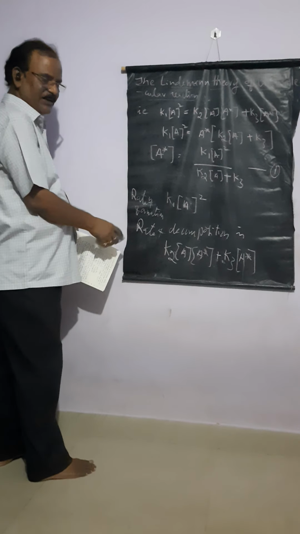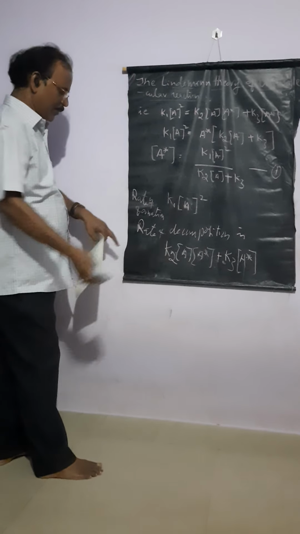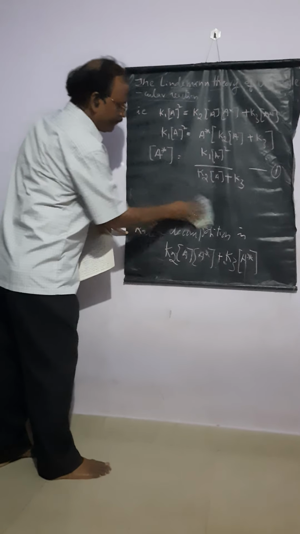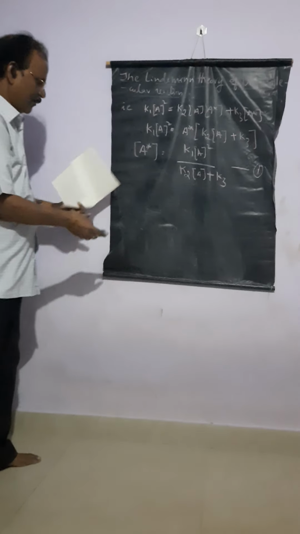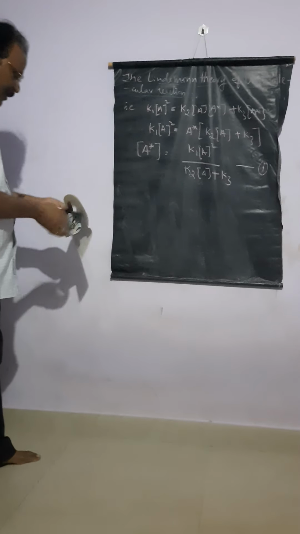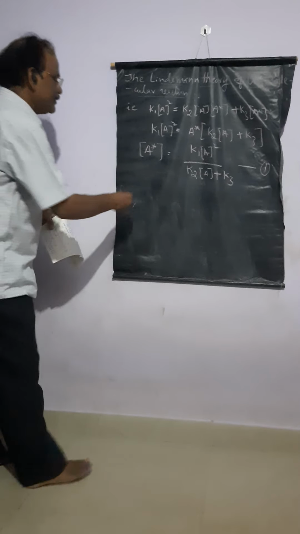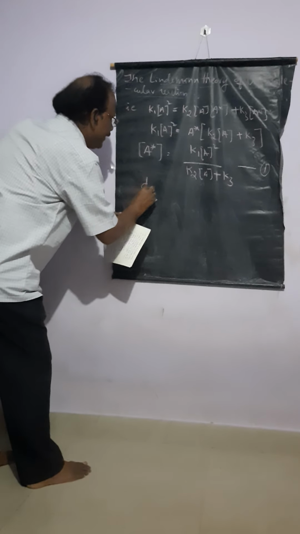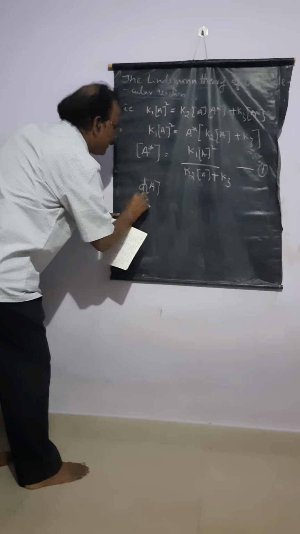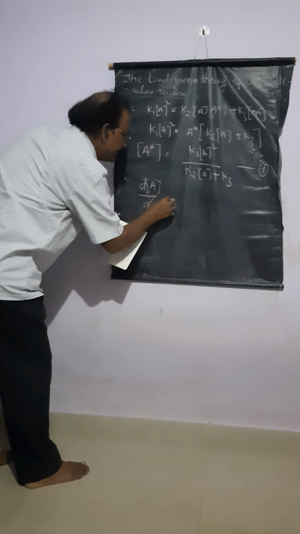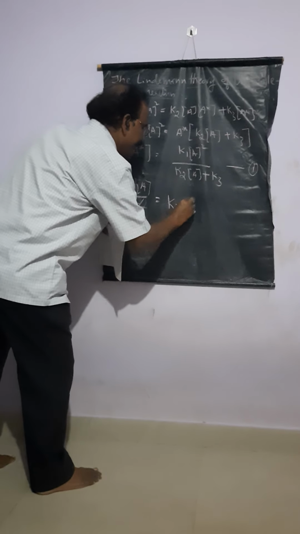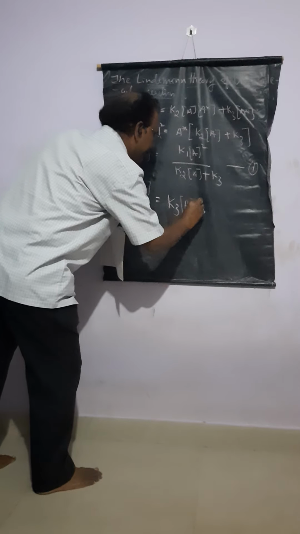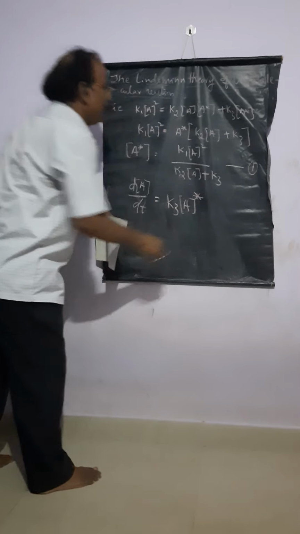The rate of reaction is given by the rate of formation of the product, because A star gives product.